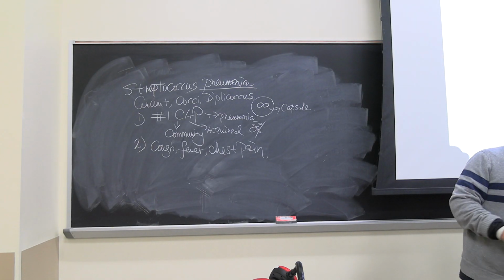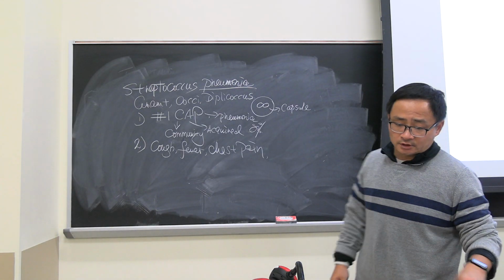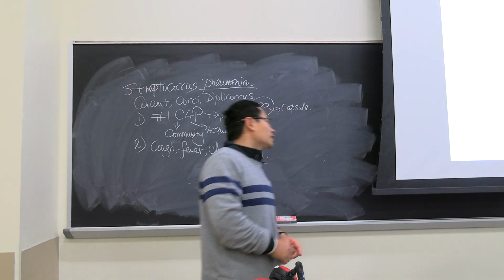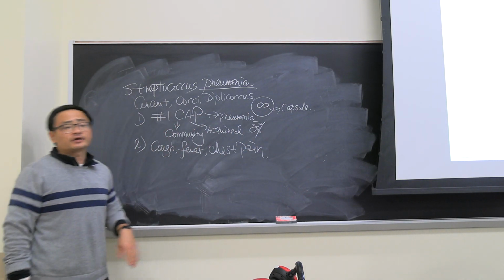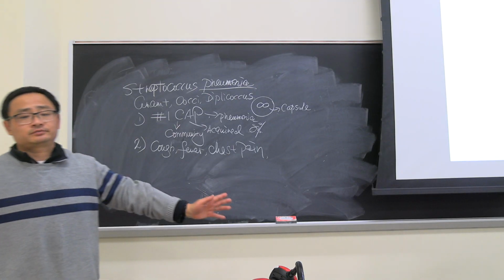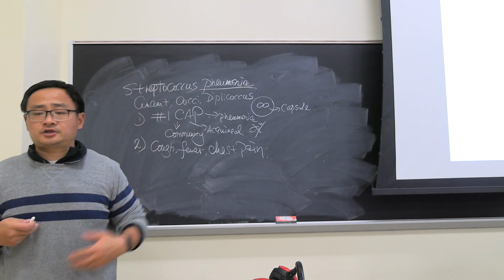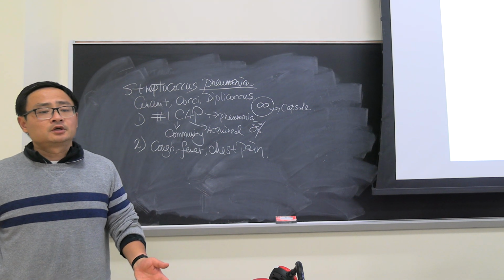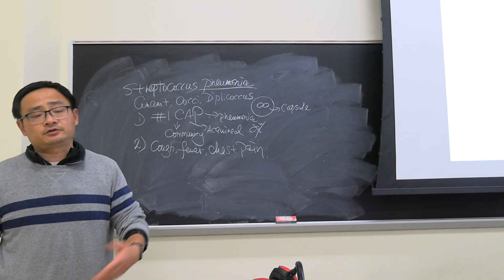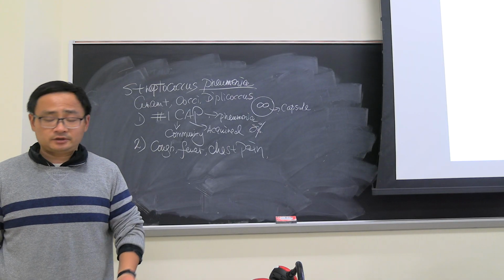Okay, this becomes a little complicated. So we try to get the isolation of Streptococcus pneumoniae. Let's say you're sick, you're sneezing, you have chest pain, and a fever, more than 100.4 degrees Fahrenheit, technically a fever.